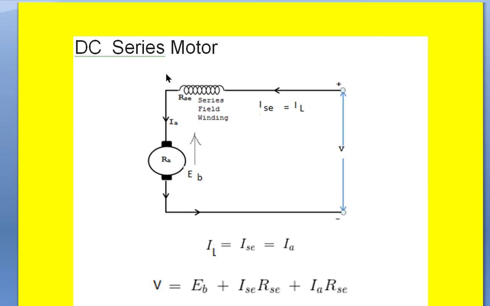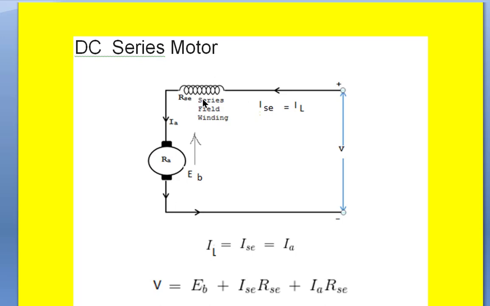Suppose here we take the DC series motor. We already saw how the DC motor is connected. This is a self-excited motor example, and this is the armature of the series motor, and this armature is connected in series with the field winding.